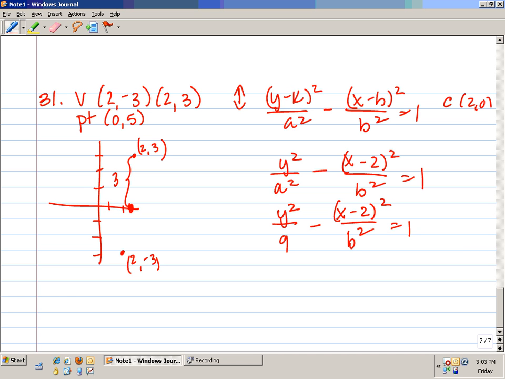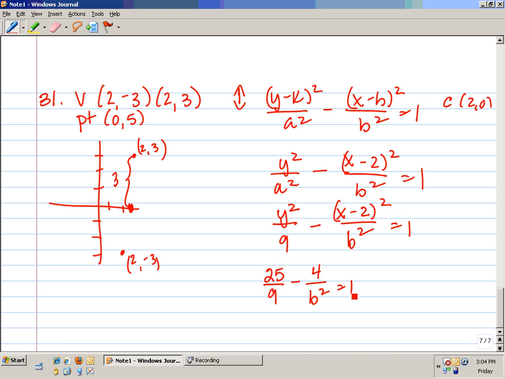Now we can't get b. So what do we do? That's where our point comes in. We have an x value and a y value, so we're going to plug them in and solve. y is 5, so it's 25 divided by 9, minus, x is 0, so 0 minus 2 squared, which is 4, over b squared equals 1.